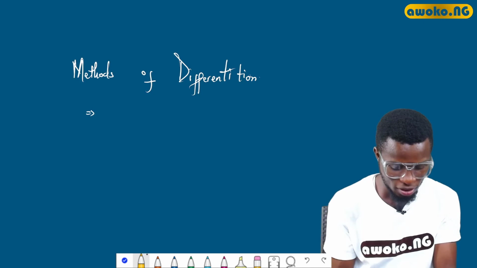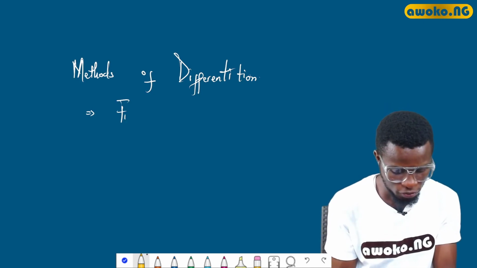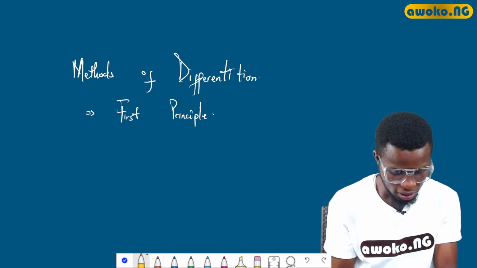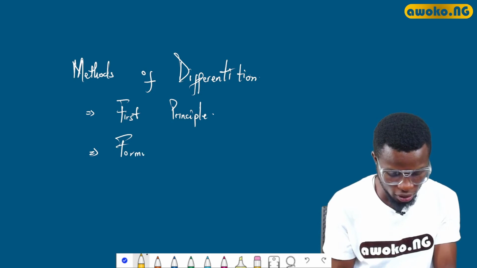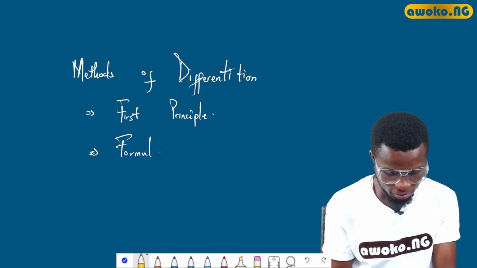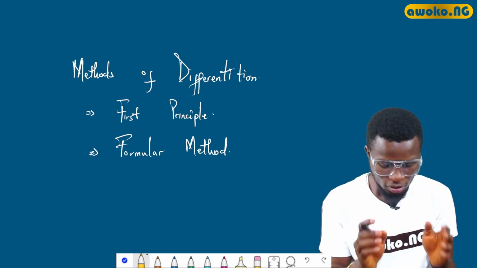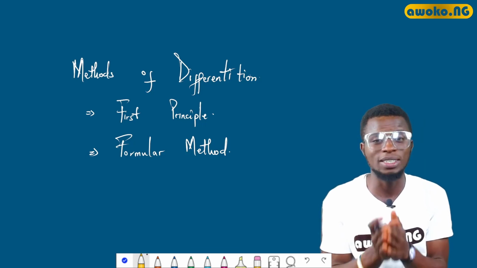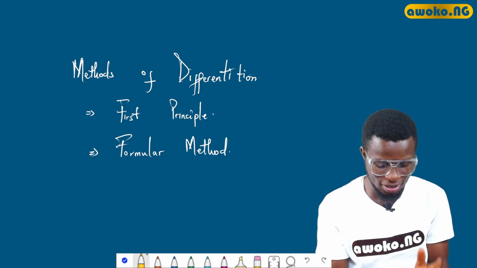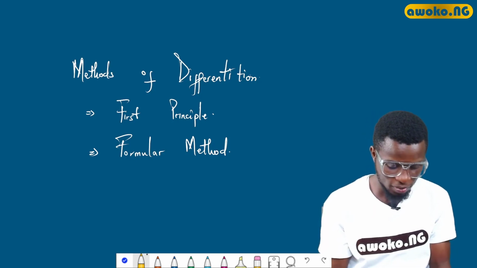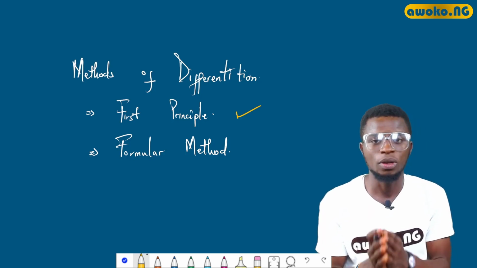The first one is the differentiation from first principle. And the second one is using the formula method. These two methods will be discussed in detail in our next class, starting with the first principle differentiation.